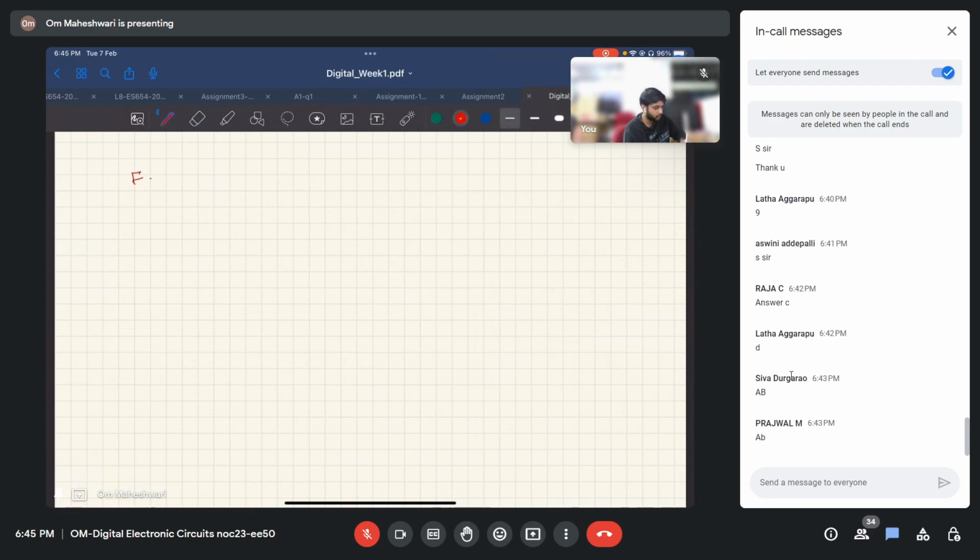Okay, let's do A, B, C plus A bar plus A, B bar, C. Please tell me the answer for this first, and if you are able to solve it, let's see.